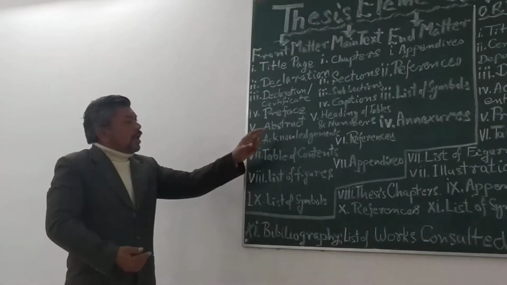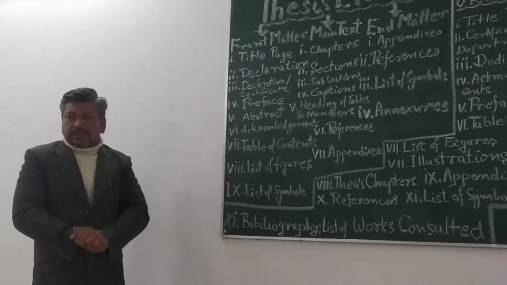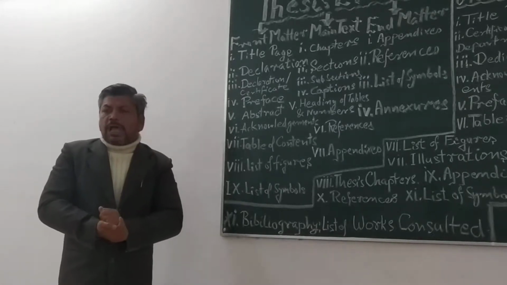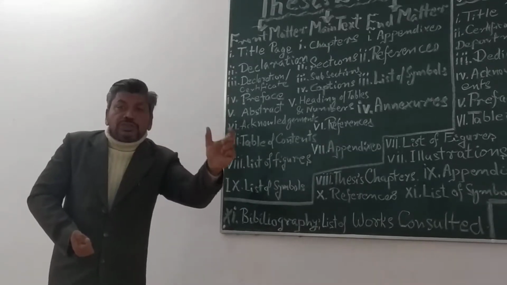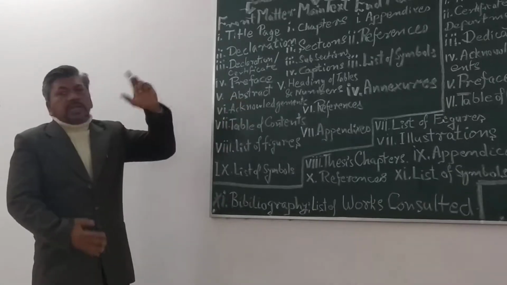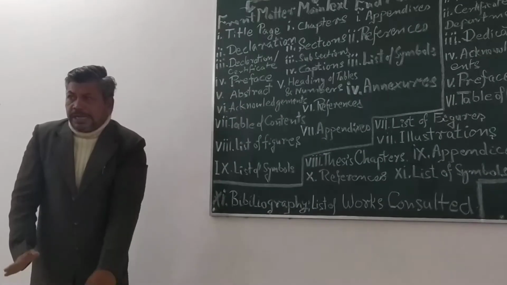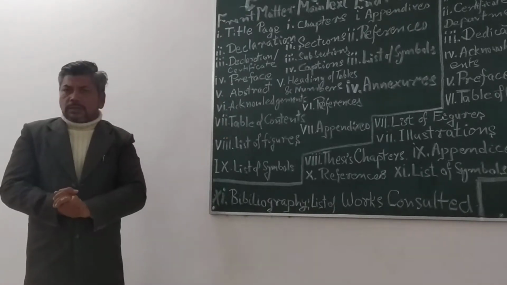Then there comes the abstract. What is an abstract? In the managerial field, in management, abstract is also known as executive summary. Abstract is different from summary. Abstract can be independently bound and separately submitted.